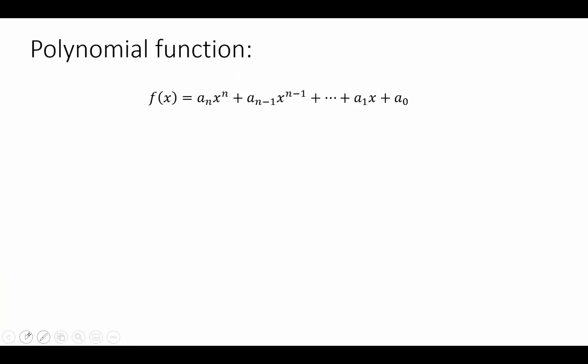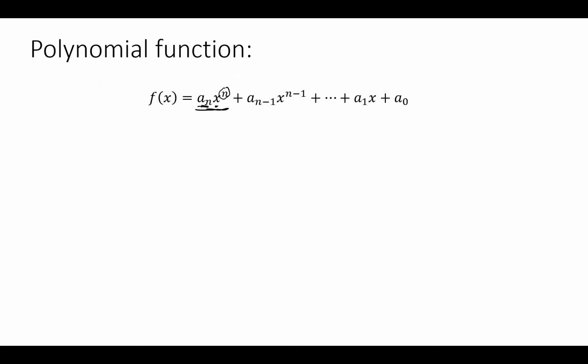Now, given that, we also have the polynomial function, which looks more complicated, but if we decompose it and just look at this term, it is a power function, right? So we have the independent variable x, which can take on any value, and we're raising it to the power of n. So n is a fixed constant, and a_n is also a fixed constant.